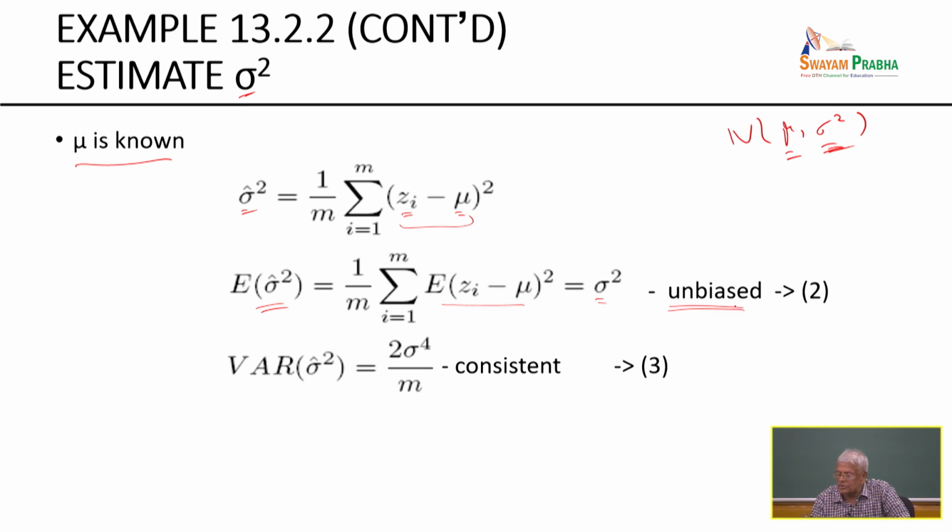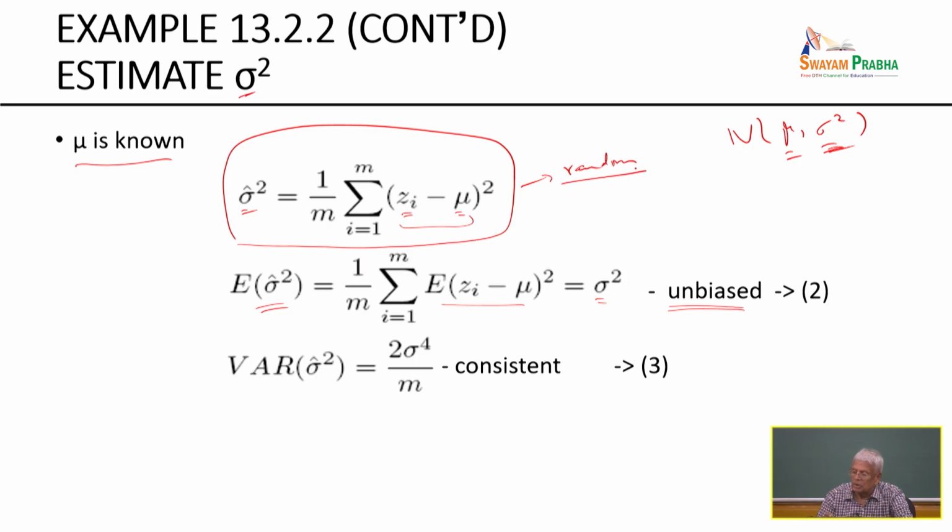This is an unbiased estimate. So when mu is known, this expression is an unbiased estimate of the variance. Now the sigma square estimate, when you define it by this, is a random variable. The random variable has a mean, which is sigma square. That means the estimator has a mean equal to the unknown.